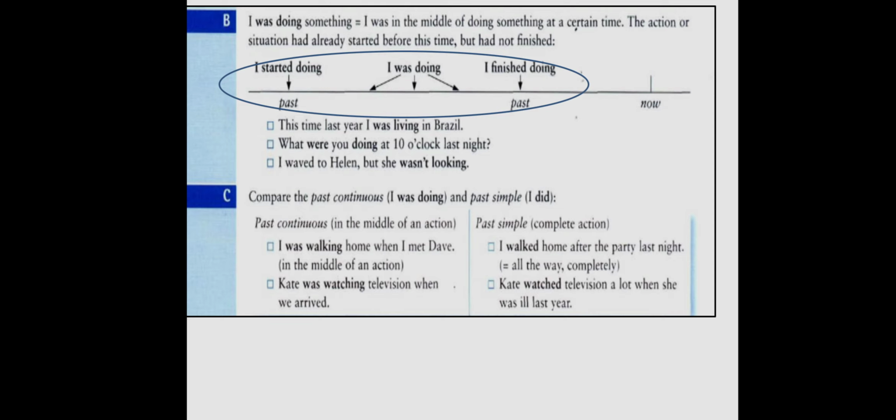And the finished or completed action is arrived, it took past simple. So we use past simple after when. So we say, Kate was watching television when we arrived. Or we can say, when we arrived, comma, Kate was watching television.